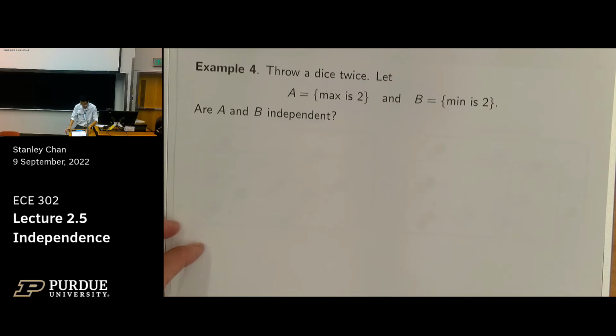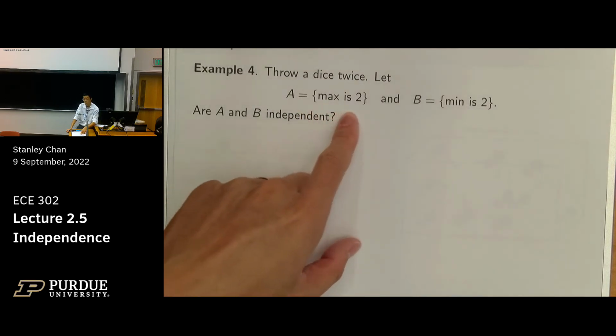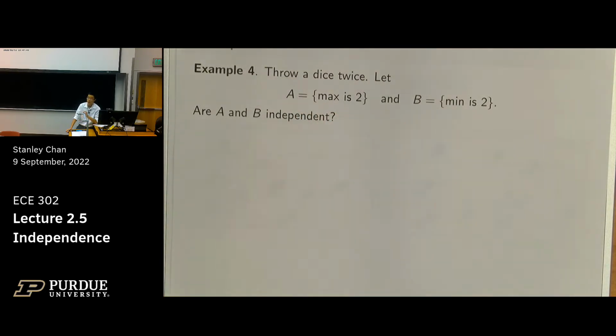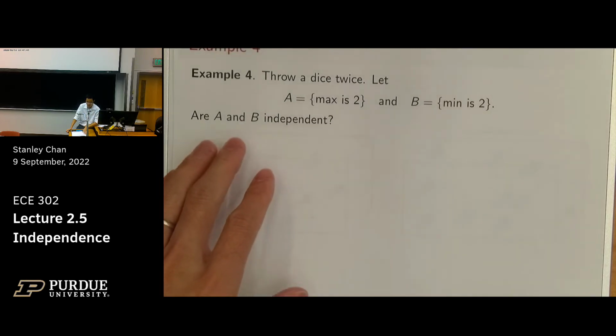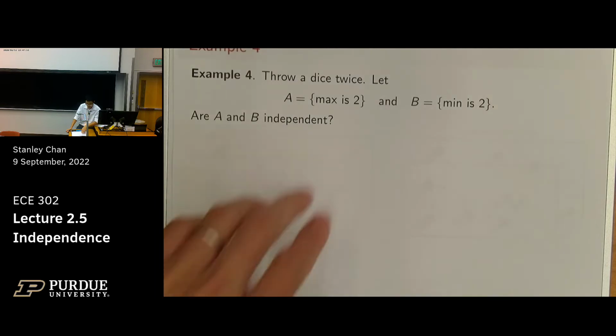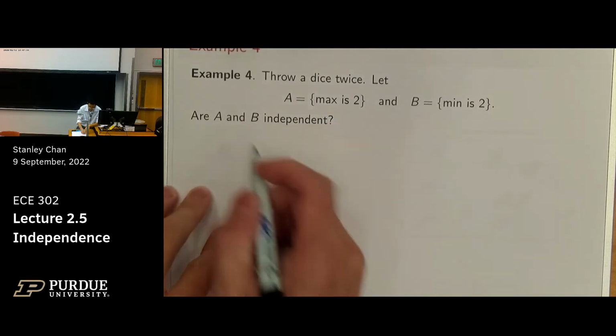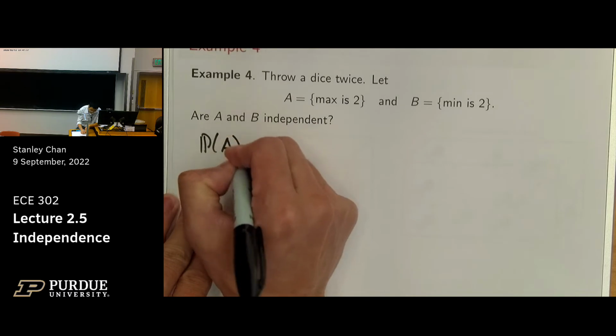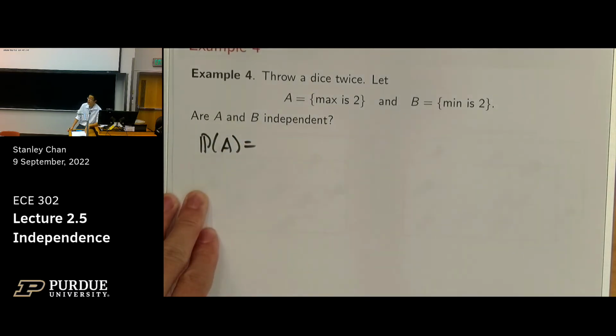So in this example, we have max equals 2, min equals 2. Actually, we have gone through some of this logic before, but let's just quickly show whether this A and B are independent. So you have this dice, max equals 2, so probability of A will be, let's see, what cases can give you max equals 2?